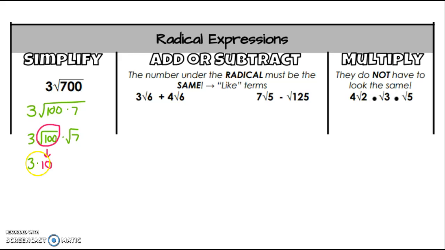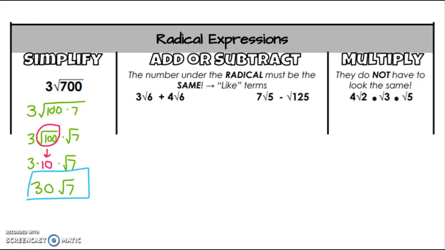I have 3 times 10 times the square root of 7. And if I want to simplify it even further, 3 times 10 gives me a 30 outside the radical. Then that square root of 7 is still stuck inside, but that's okay. It's okay to have something stuck inside. If it's not a perfect square, it can't come out.